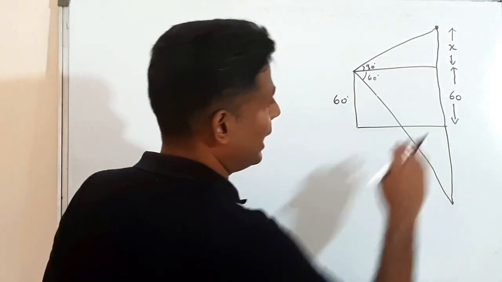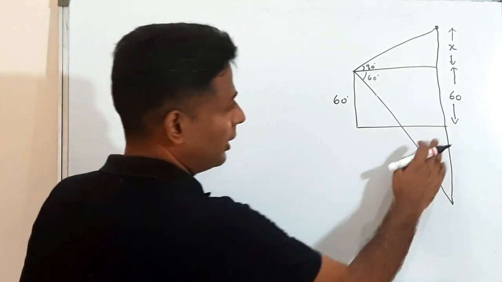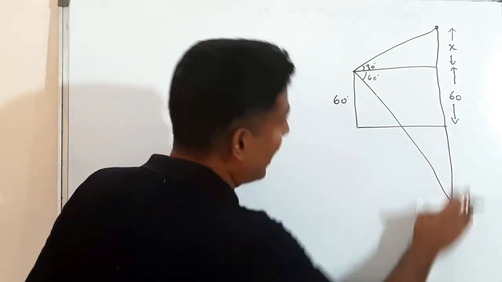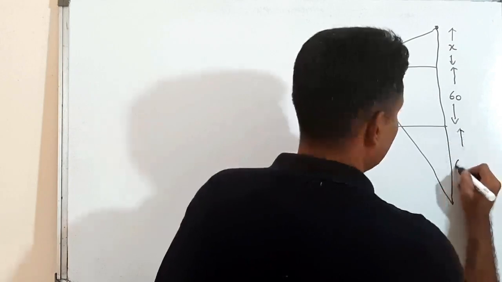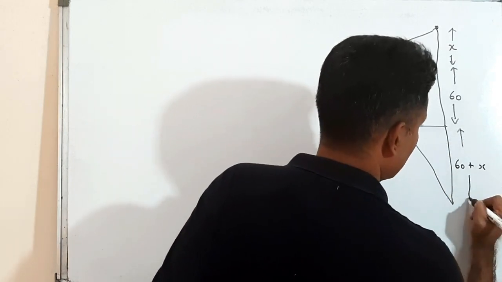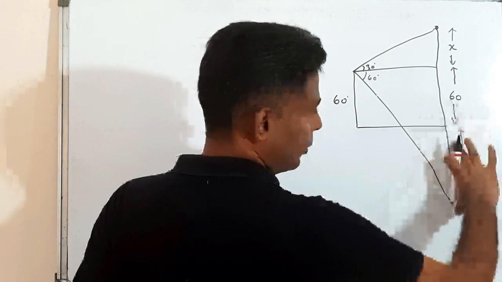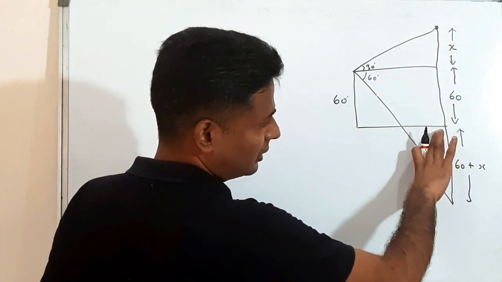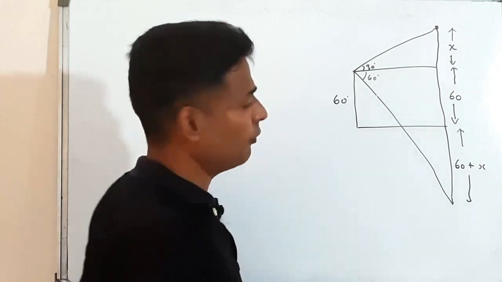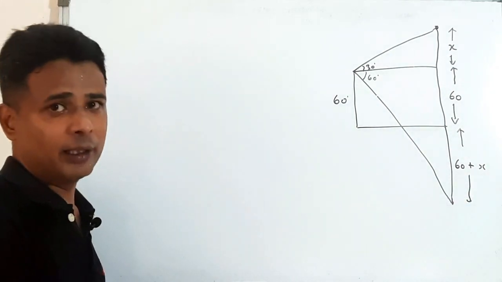So this surface of a lake is acting like a plane mirror. So the reflection will be as far down as the cloud is above it. So this will be 60 plus x. The height of the cloud will be equal to the depth of the reflection. This is what you need to remember.